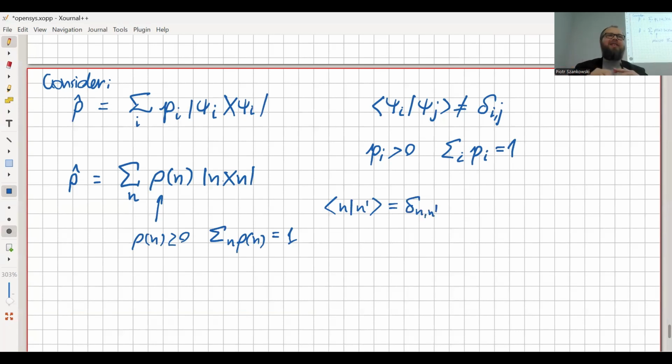Okay, so this is not just a matter of relabeling cats. This is actually a different decomposition into a mixture.